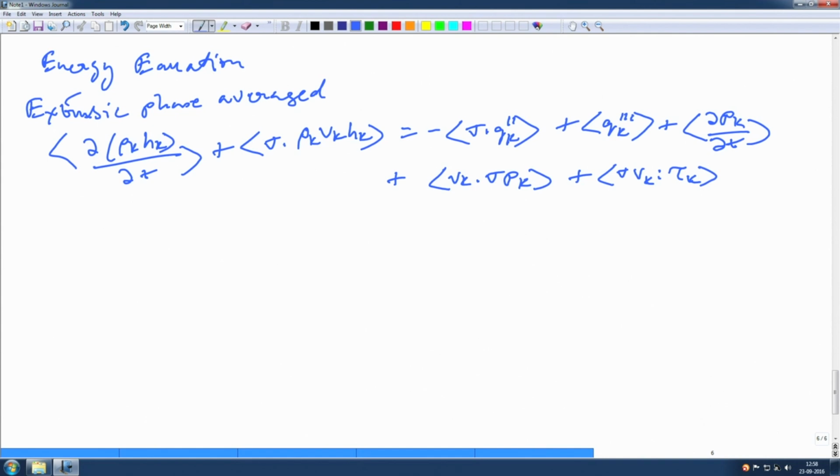That is the extrinsic phase averaged equation.